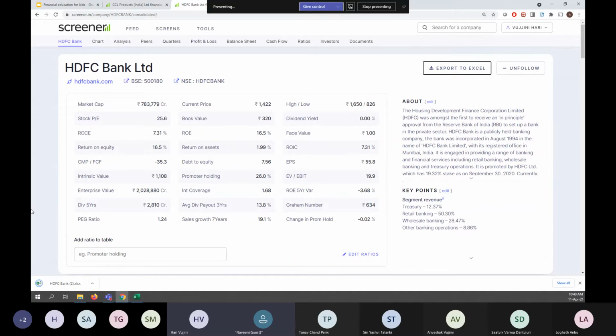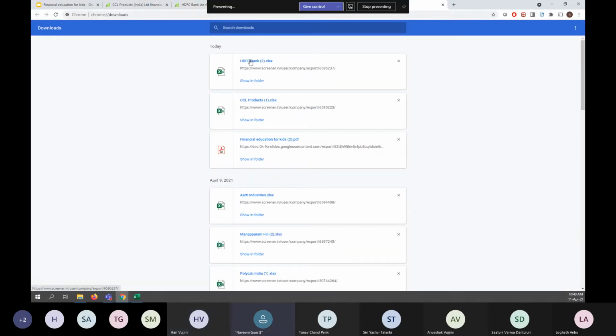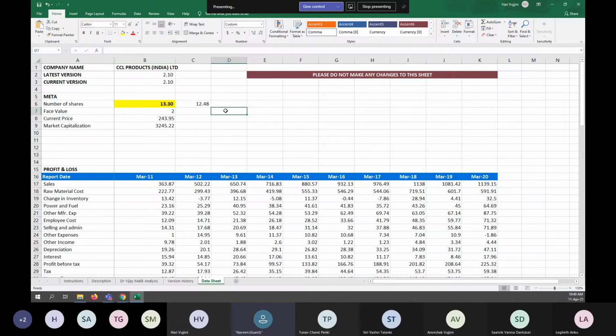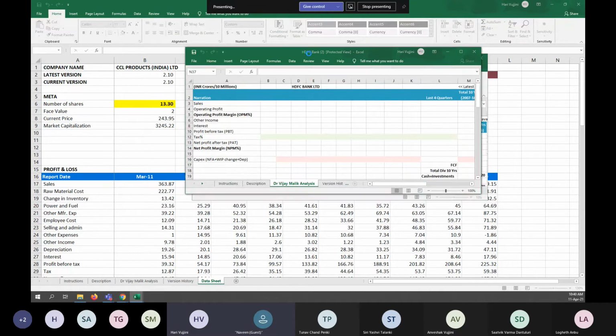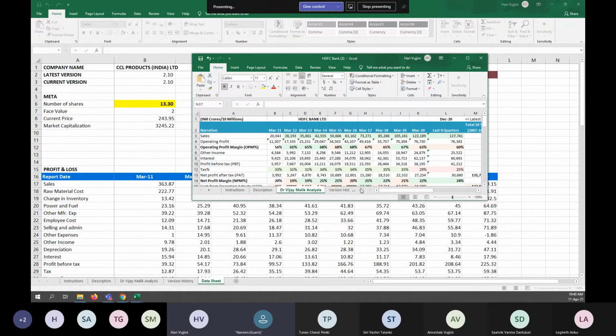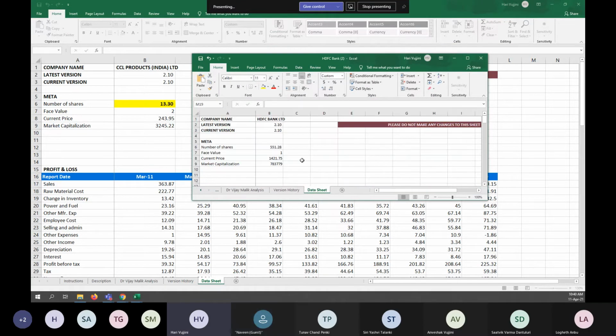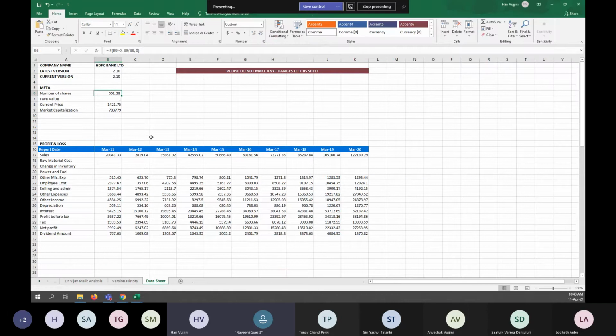I got the HDFC Bank sheet. You can see the name of the file on the top. This is HDFC Bank. If you go to the data sheet, see, 551 million shares.